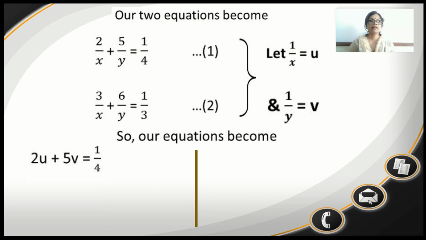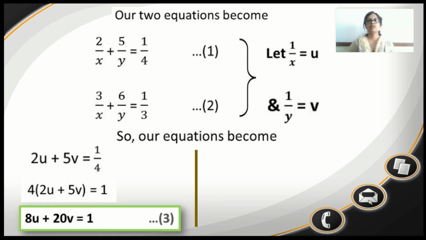Let us cross multiply. So 4 in the bracket 2u plus 5v is equal to 1. Solve it. We get 8u plus 20v is equal to 1, and this is the new equation. We have converted equation 1 into equation 3 in the standard form of linear equations in two variables.